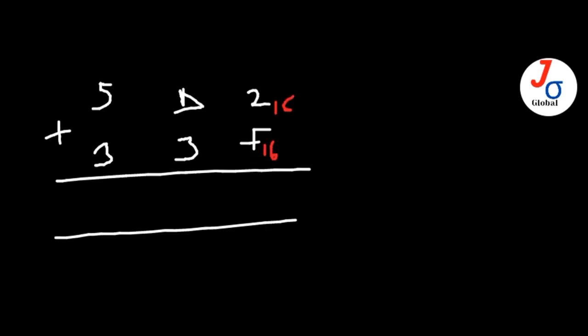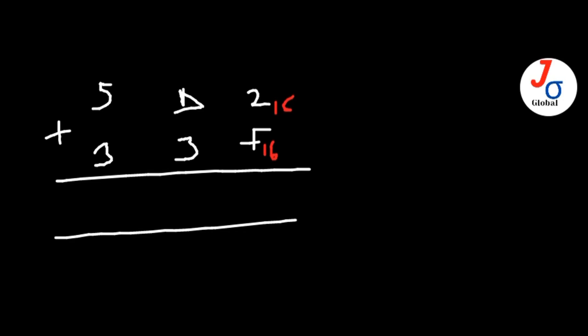Here we have this example, and I want you to try this also and see what you're going to get. Pause the video and try it. Okay, so we are dealing with this number in base 16. That's why we're having all of these alphabets. So 2 plus F, what's F? That's what you should ask yourself. What is F?